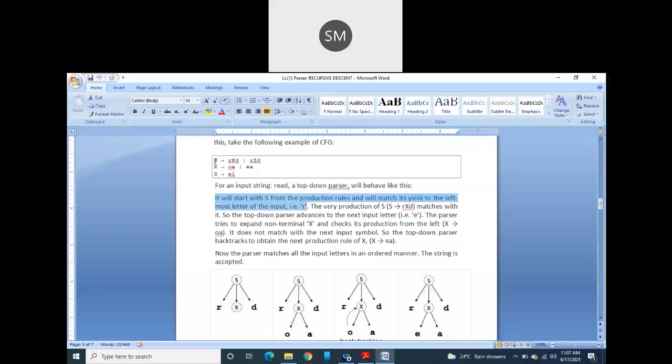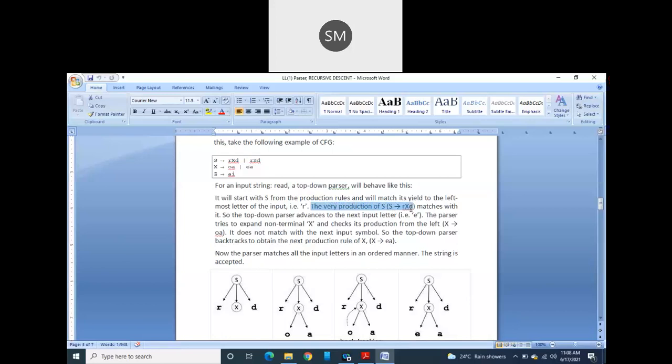Looking into the capital S production, the first production, in both the yields, both results of S, the leftmost character is small letter r. So it still cannot take a decision whether to match this one or that one by looking at only the first character, because both have the same first character, small letter r.